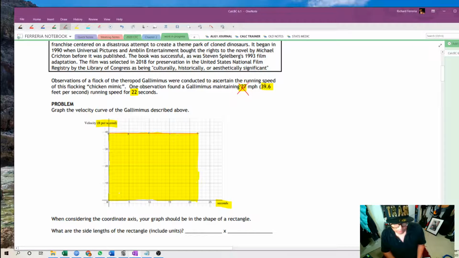Well, the horizontal length here, that is 22 seconds. And the vertical length here of this rectangle, that is 39.6 feet per second. And I'm going to take this opportunity to write feet per second with a slash in it.